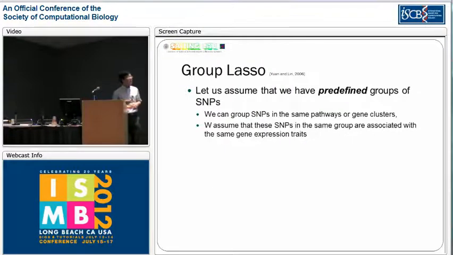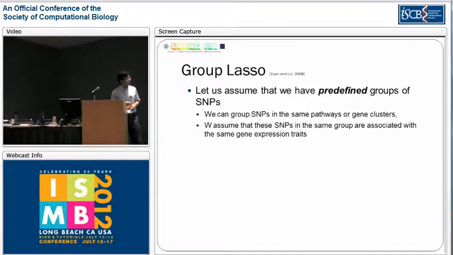Now let me move on to the group Lasso, which is an extension of the Lasso. It starts with the assumption that we have predefined groups of SNPs. Here the groups of SNPs can be anything. We can group SNPs in the same pathways or gene clusters, and then we can assume that these SNPs in the same group are associated with the same gene expression traits.